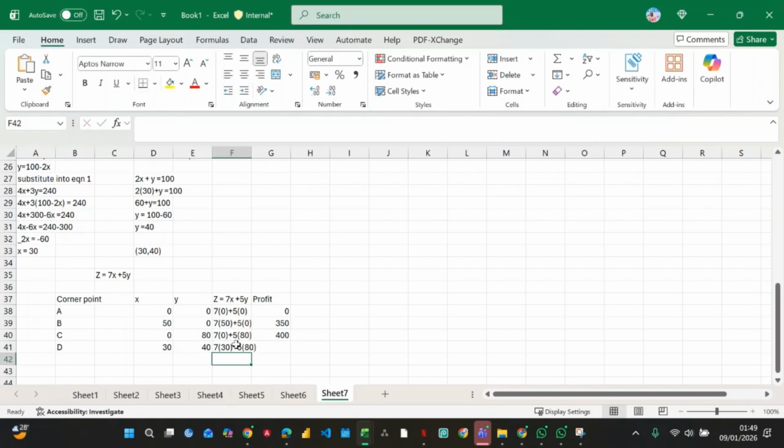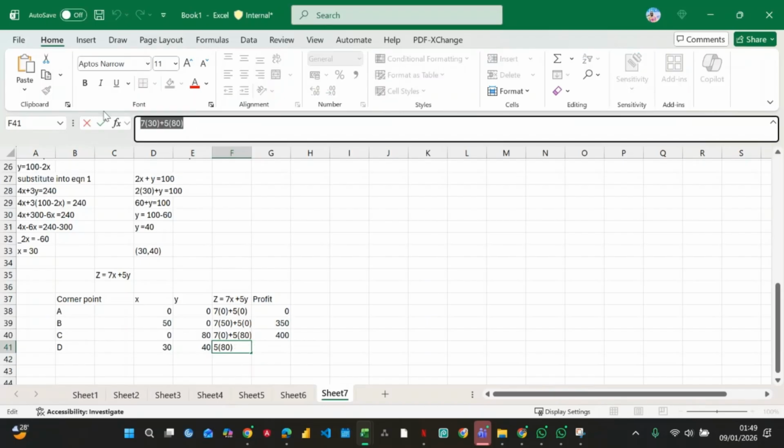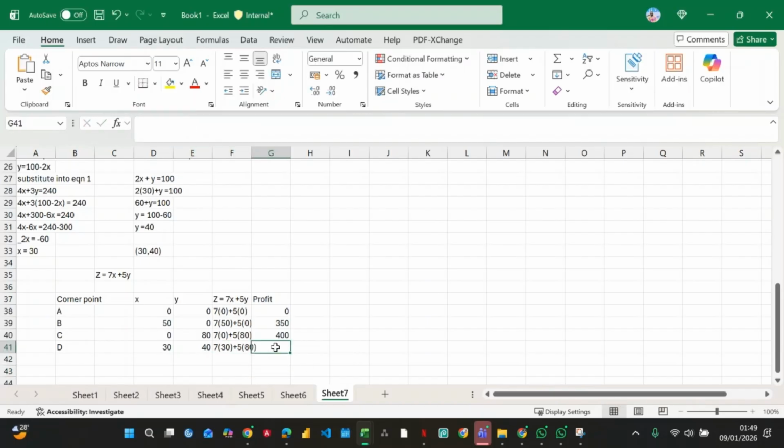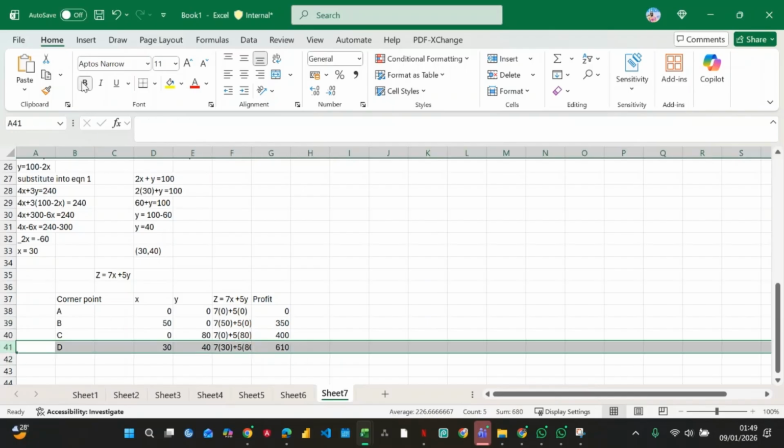And then this one is going to be 7 into 30 plus 5 into 80. What then? 60. So what is the answer? This one is the answer. Yes, the math. So that is the answer.